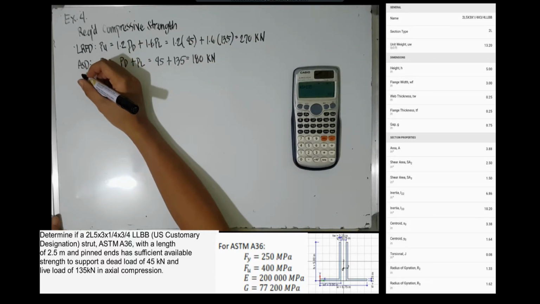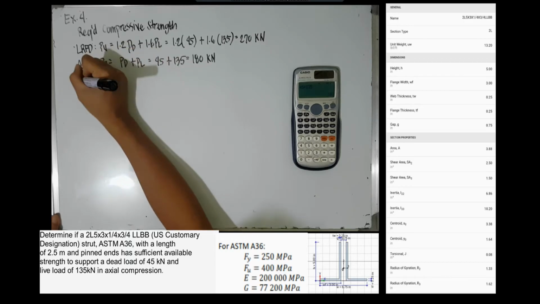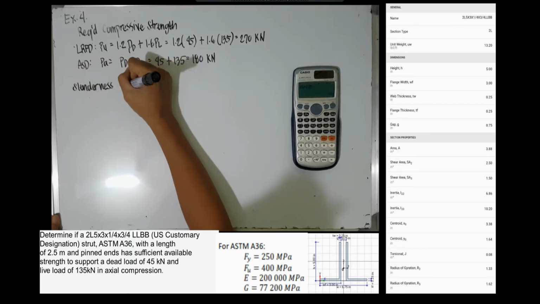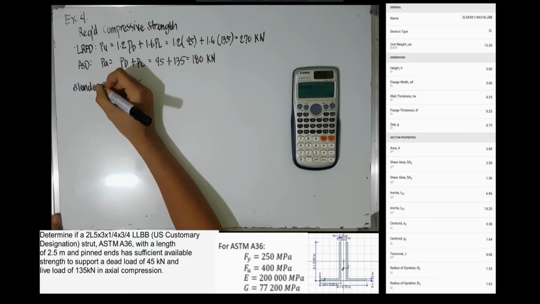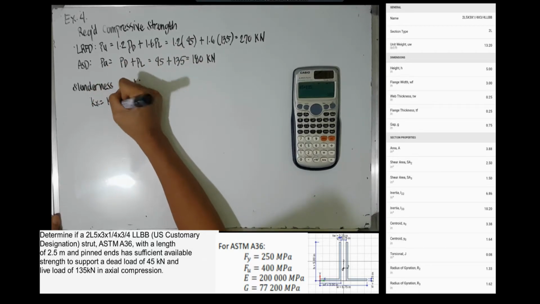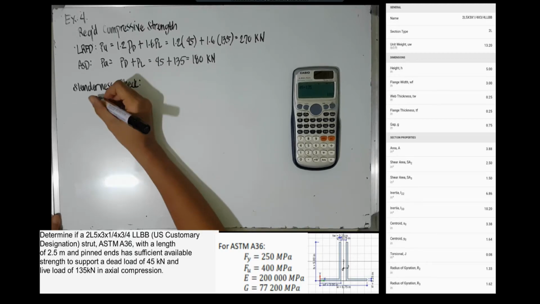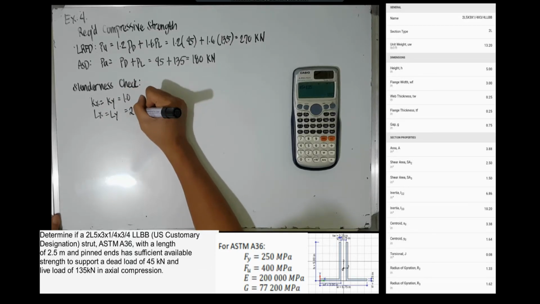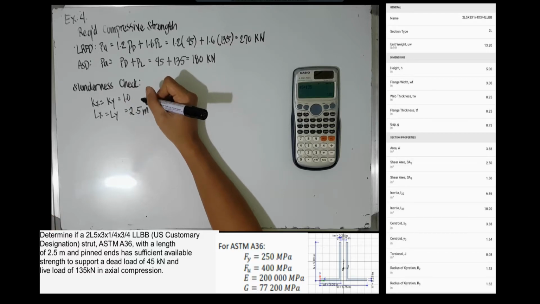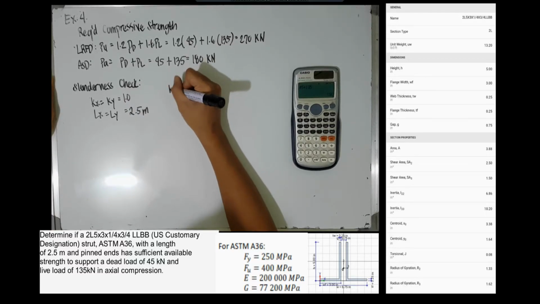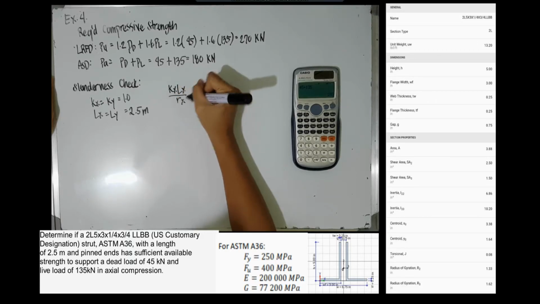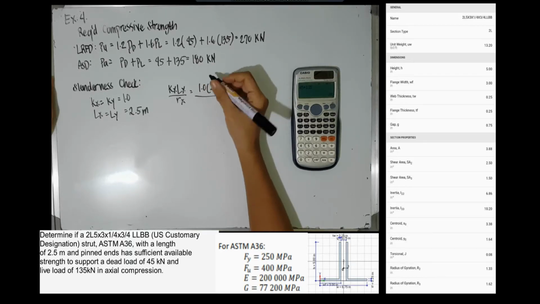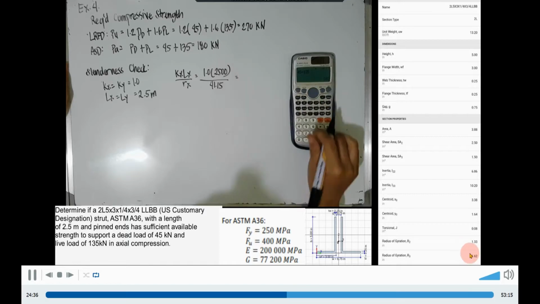So next is to check for the slenderness. So the effective length factor K is 1.0 since it is pinned at both ends, and then the length of the member is 2,500 millimeters. So the slenderness at X would be equal to, our radius of gyration is 1.62.